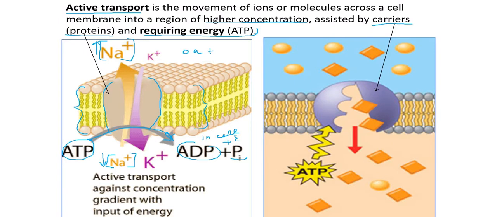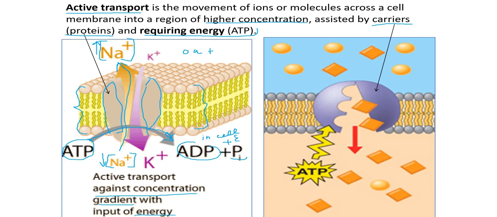But this specialized transmembrane protein will move sodium from the low concentration inside the cell to the area of high concentration outside of the cell. So it's moving it against its concentration gradient. And because of this, it requires energy.